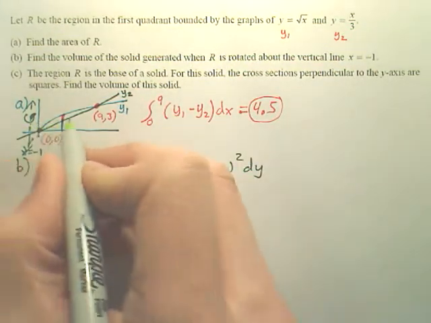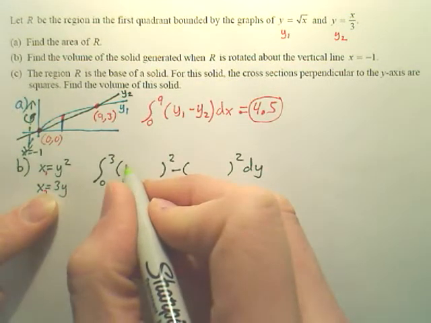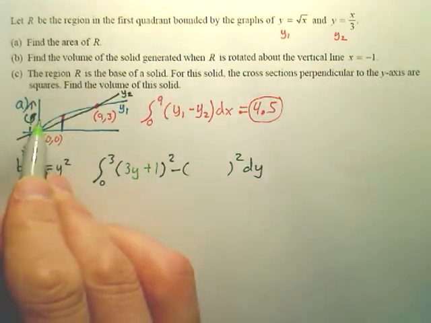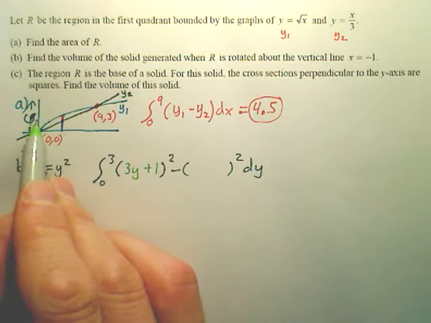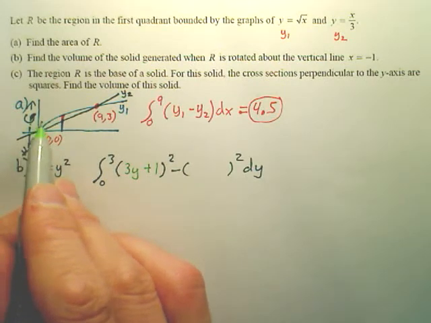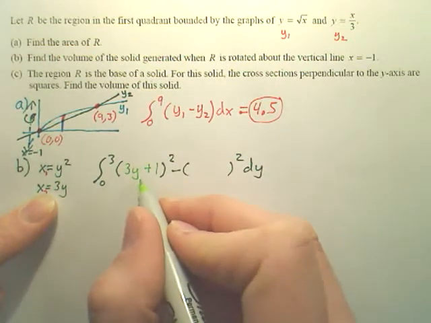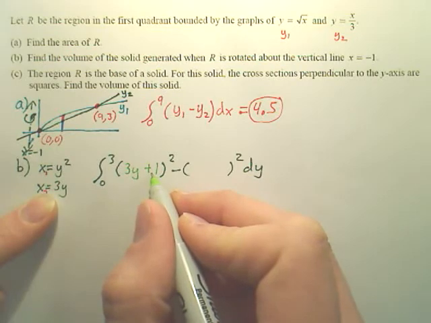So isn't the outer one 3 minus y plus 1? Because from here to here, isn't that 3 minus y? But don't you always have a 1 added to it? It's 1 more than 3y. So you always have 3y plus 1. That will give you the outer circle.